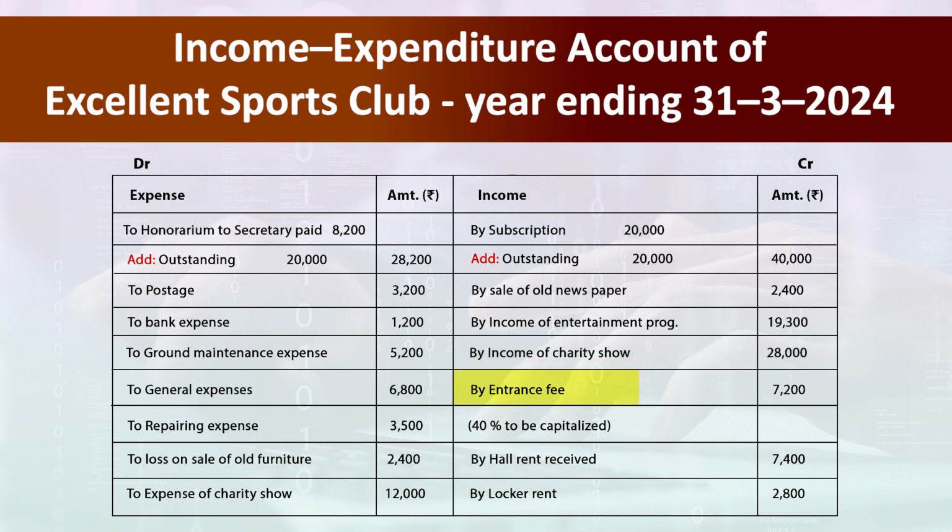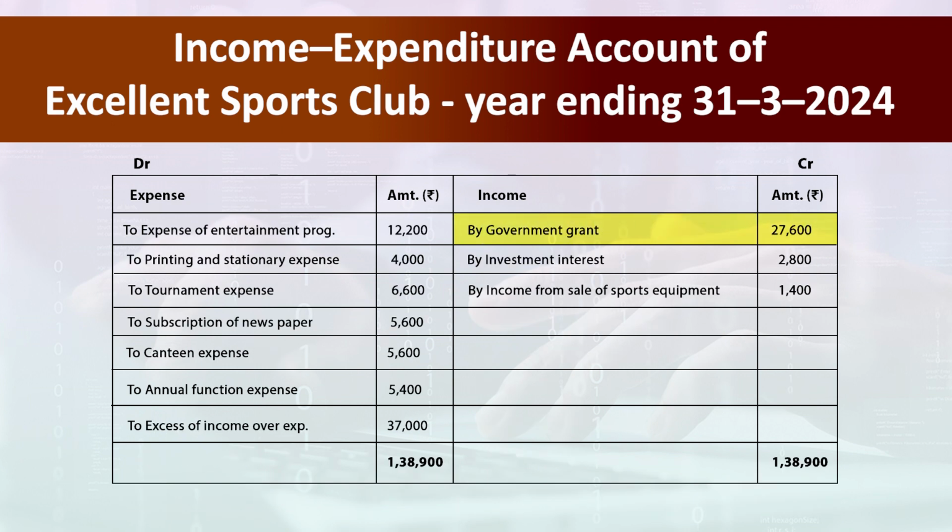After that, there is an entrance fee out of which 40% is to be capitalized amounting to rupees 7,200. Then we record hall rent received of rupees 7,400. The locker rent amounts to rupees 2,800. The government grant received is 27,600 rupees and the investment interest is rupees 2,800.